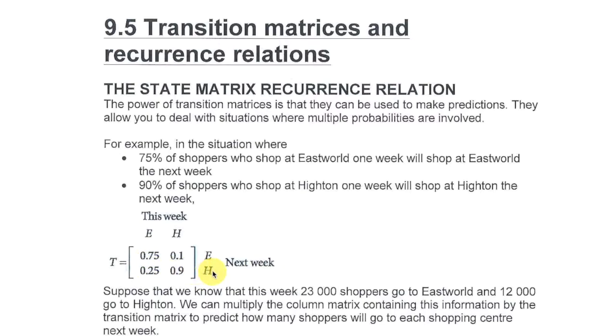25% moved across to shopping centre H. And with shopping centre H, 90% of customers continued to shop at H and 10% moved across to E. So that was our transition diagram.